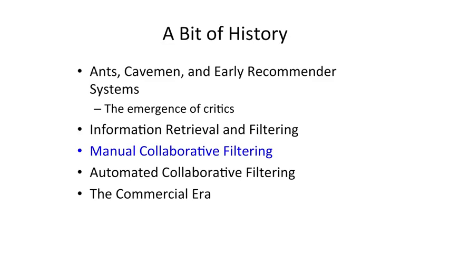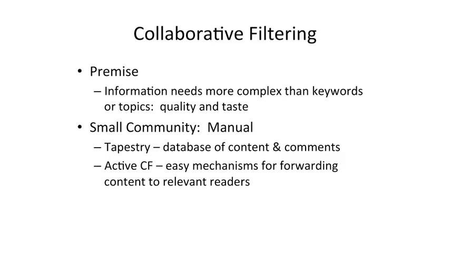But sometimes just looking at relevance is not enough. Collaborative filtering emerged as a reaction to the problem that sometimes there's so much content that you don't just want what's on topic, you want the ones that are really good on that topic. The first efforts at collaborative filtering were manual efforts, based on the premise that keywords were just insufficient.